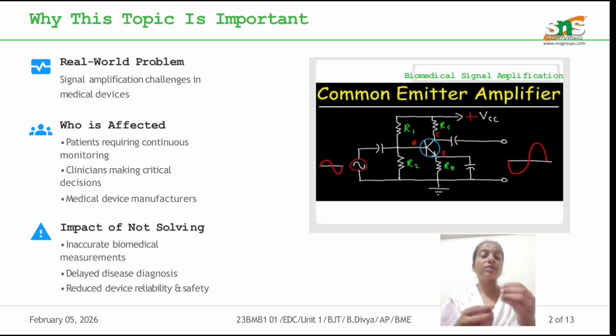And medical device manufacturers will face difficulties too. We have different signals, as I told you: ECG, EMG and EEG, and other signals also. We have to monitor heart rate, blood pressure, glucose level and all those things regularly for patients.